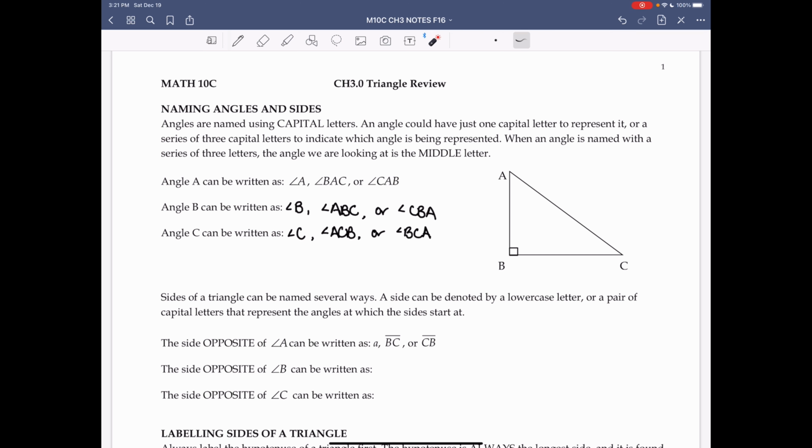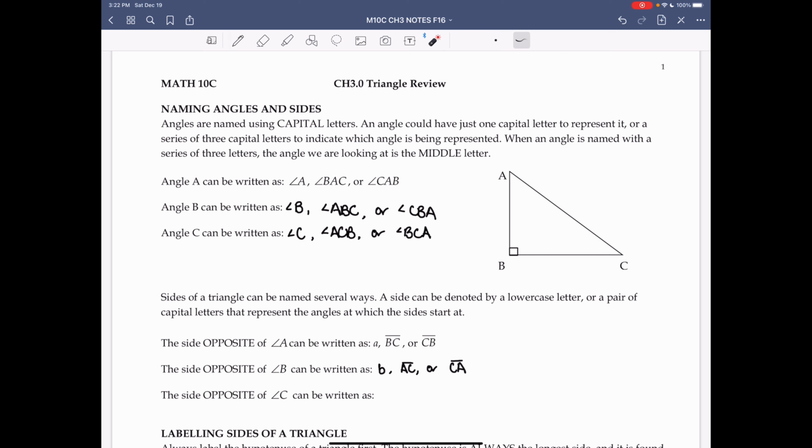So the side opposite from angle B, which would be here, can be written as lowercase b, or the angles that are on each end of this side are A and C. So we can call side b line segment AC or line segment CA.